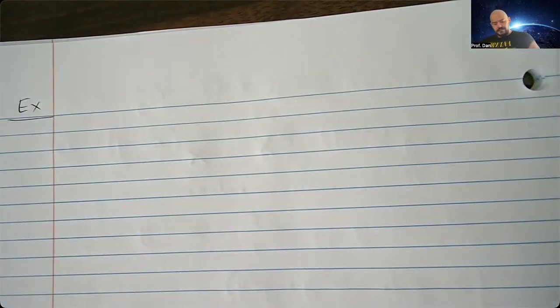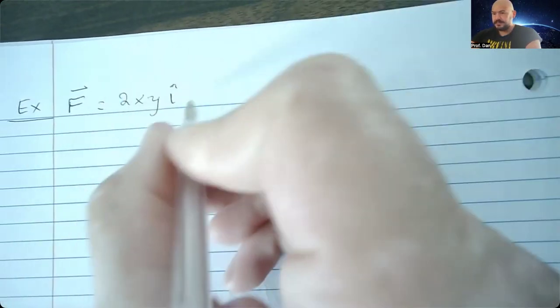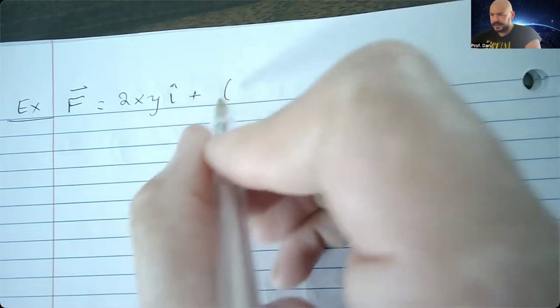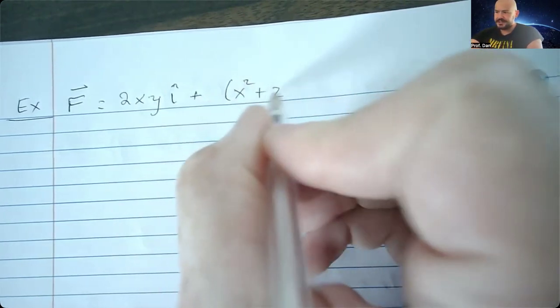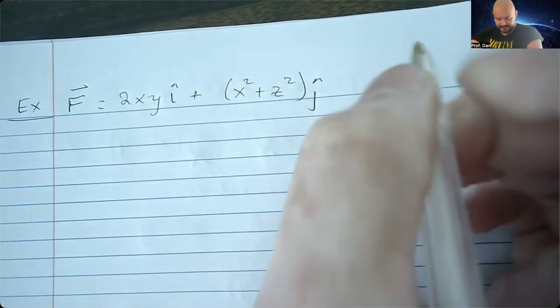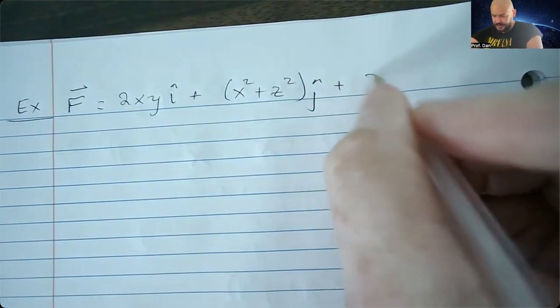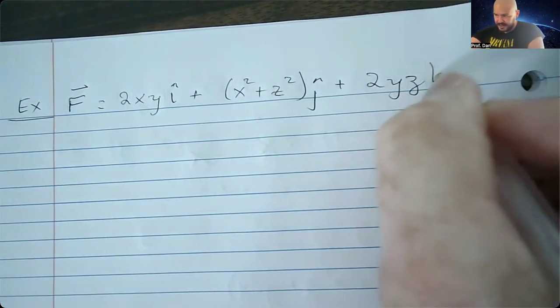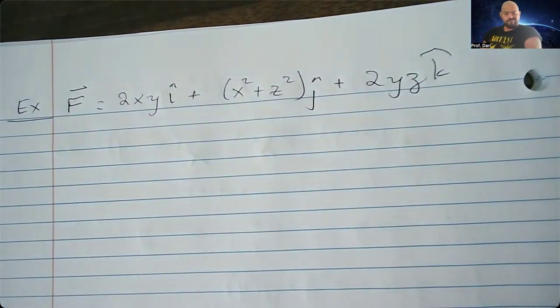All right, so for this example, we're going to look at the vector field F equal to 2xy i plus x squared plus z squared j plus 2yz k. All right, so this is our vector field.